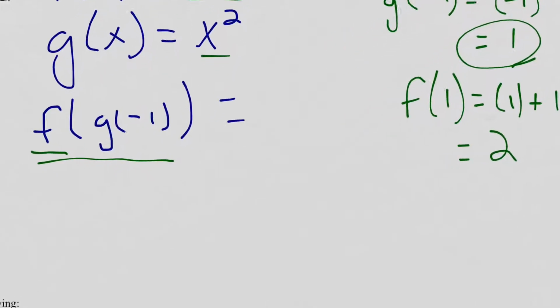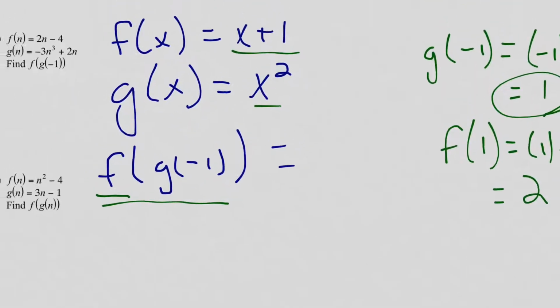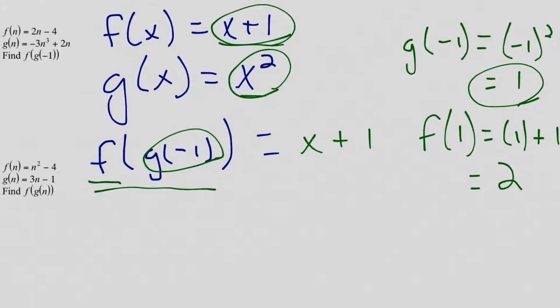Now let's see, how do we do that all in one step? Given that f is composed of g of -1, g of -1 is going to be -1 squared, but we're going to be putting that inside of f of x. So I'm doing the exact same thing as I did over on the right, I'm just going to do it all in one line. f of x is usually x plus 1, right?